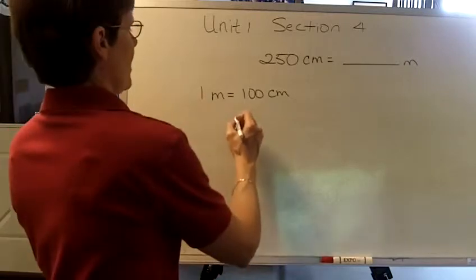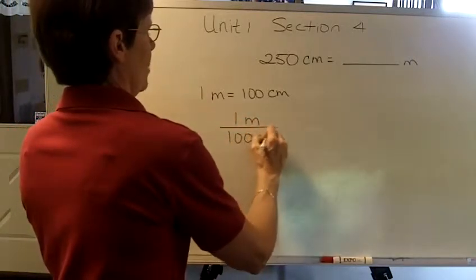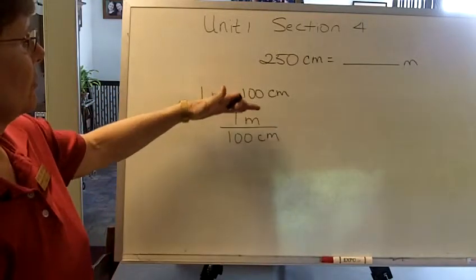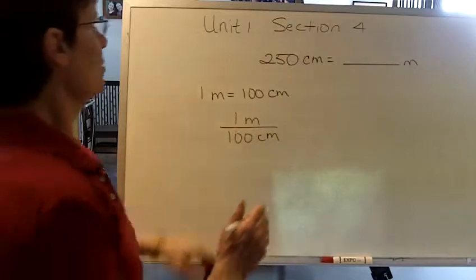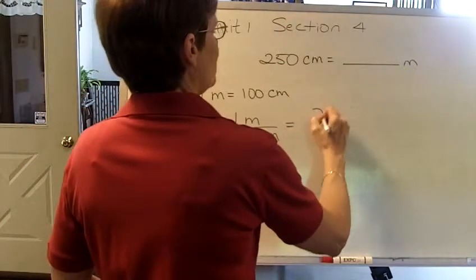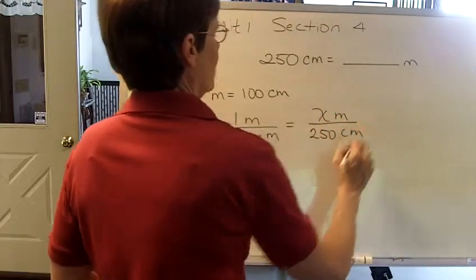So let's say that we take 1 meter and make a ratio. This ratio is always true. 1 meter is always equal to 100 centimeters. So we can set this up over here with x meters and 250 centimeters.